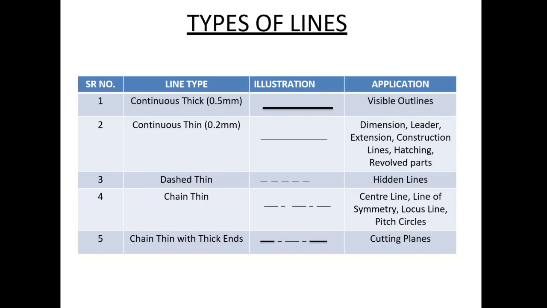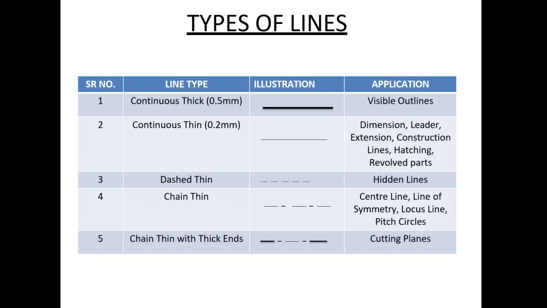Then the second line is the continuous thin one, which has a thickness of 0.2 mm. We can distinguish the continuous thick and continuous thin by seeing these images.